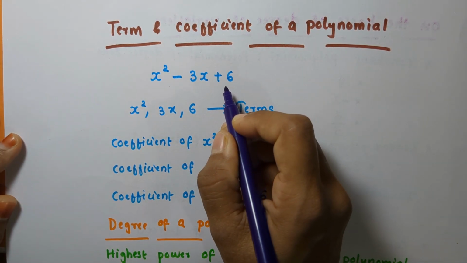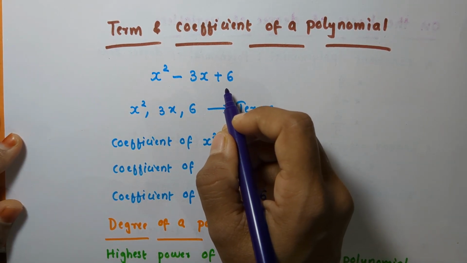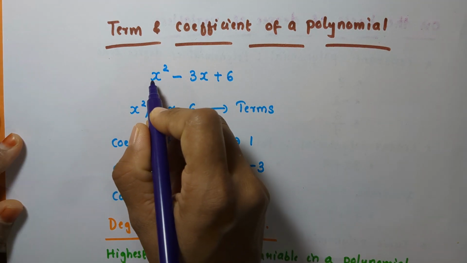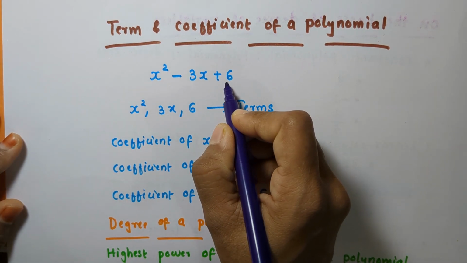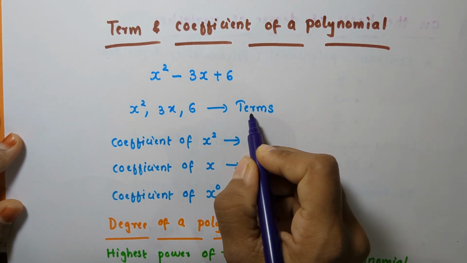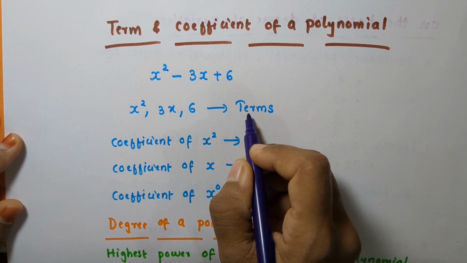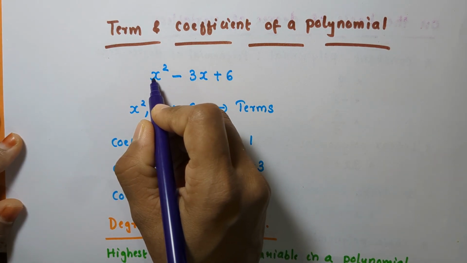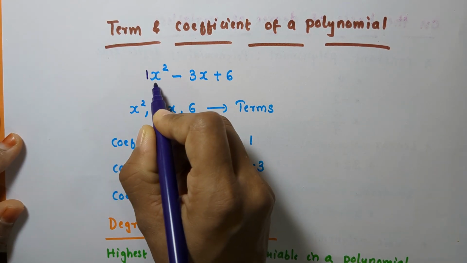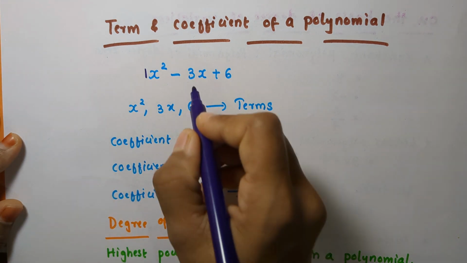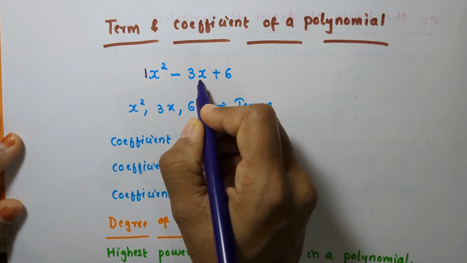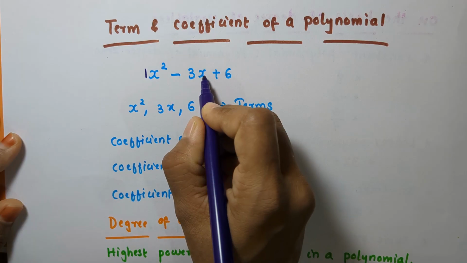In this polynomial, the expressions x square, 3x, 6 are called terms of the polynomial. Here the coefficient of x square, which means 1 x square, is 1. Now the coefficient of x is the constant associated with the variable.